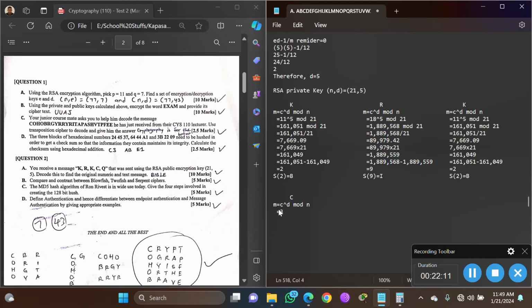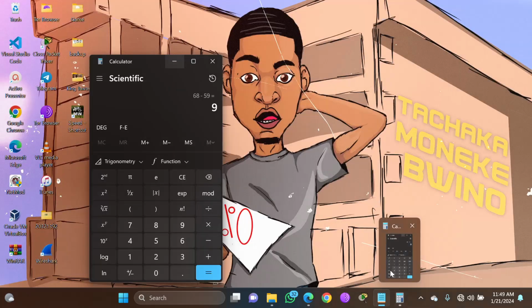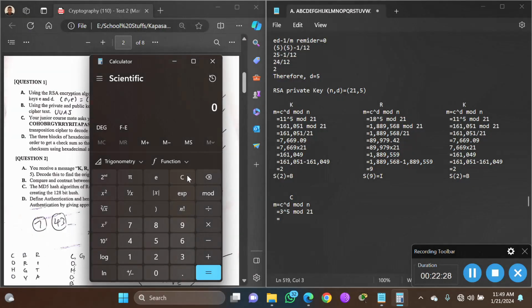So it's 3 power D, which is 5, then mod N, which is 21. Now we can continue. We open up our calculator, then we have 3 power 5, which is 243.